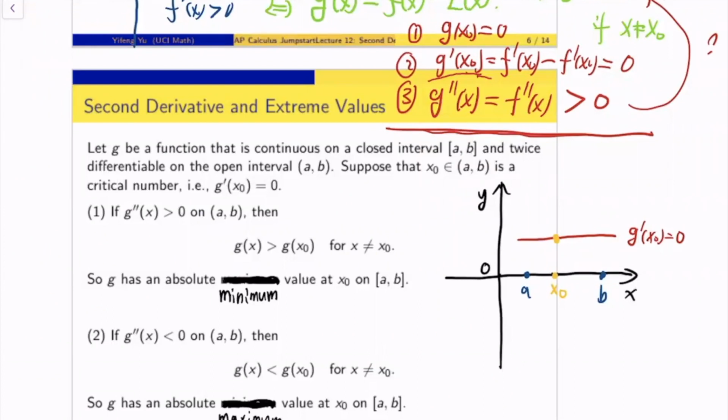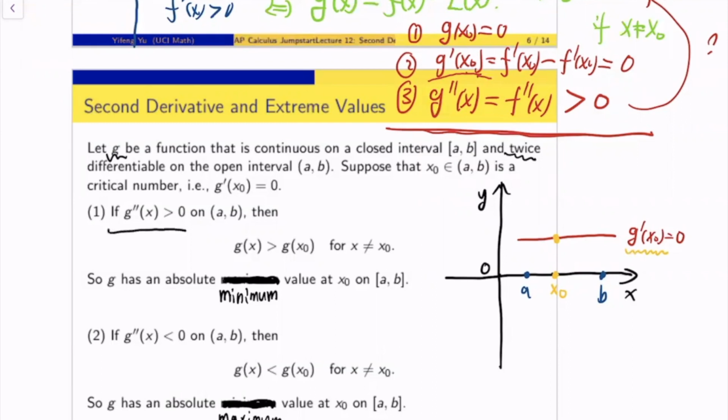Suppose I have a function g(x), and the function is twice differentiable. Now I have a point x0, and we know the derivative of g at this point is 0, so it's a critical number. And here's the conclusion.